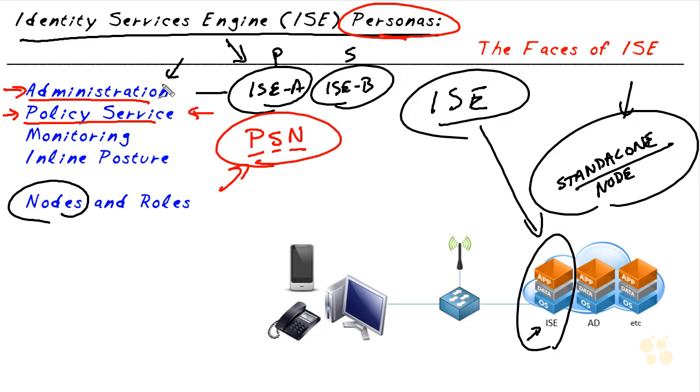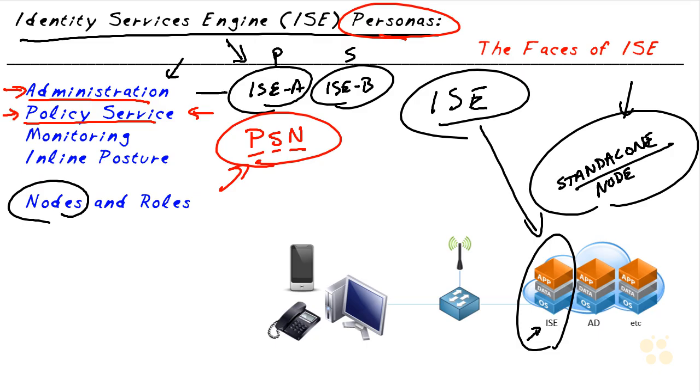With the administration persona, we configured a policy, and with the policy service persona, it's actually implementing that policy. So for example, if we've configured network access policies, posturing, guest access, and so forth, it's the policy service function that's evaluating those policies and making the decisions.